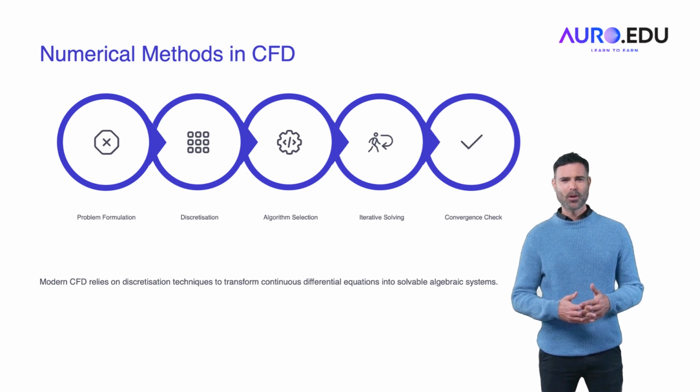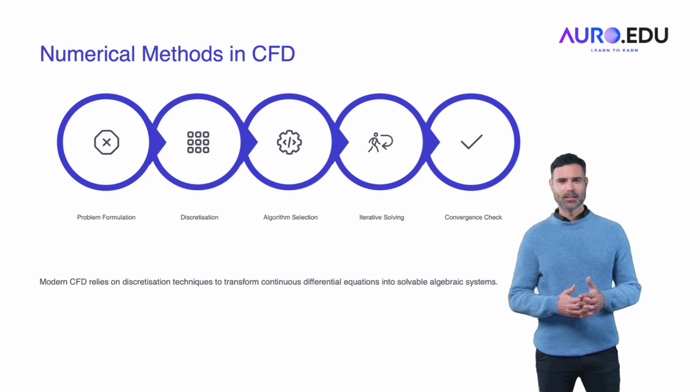The choice of solver algorithm, e.g., steady state versus transient, explicit versus implicit, impacts the efficiency and accuracy of the CFD results. Iterative solving involves refining the solution step by step until the error between iterations falls below a specified threshold. By using these numerical methods, CFD can simulate real-world fluid behavior, even for complex geometries like aircraft wings and engine nacelles.